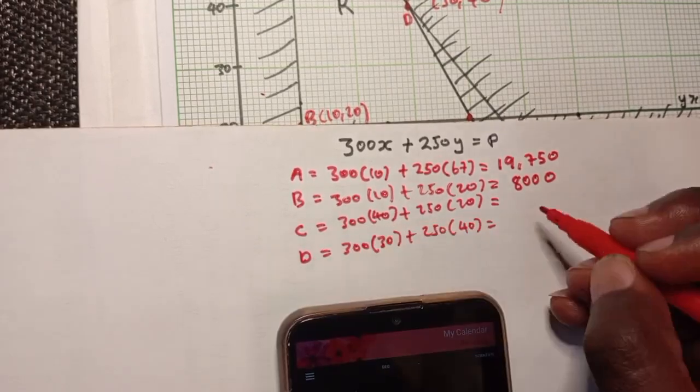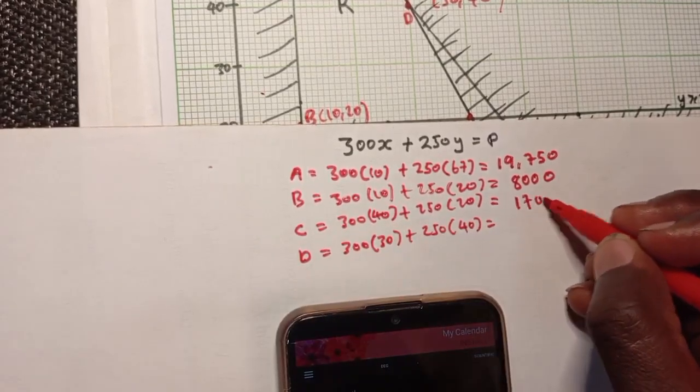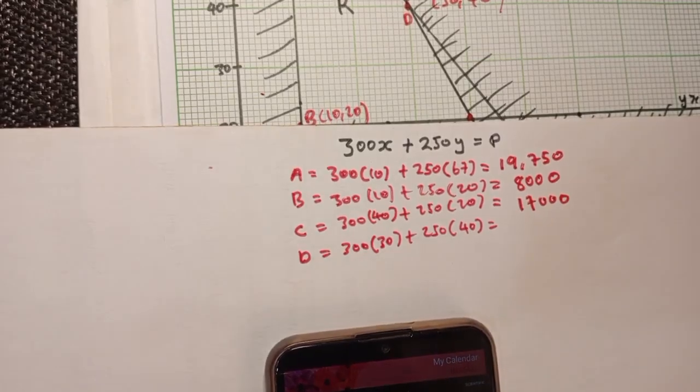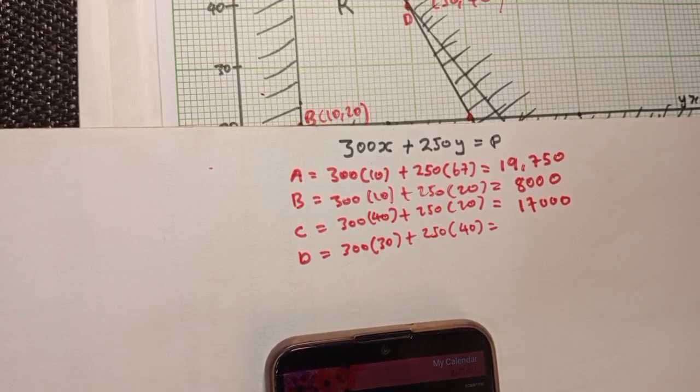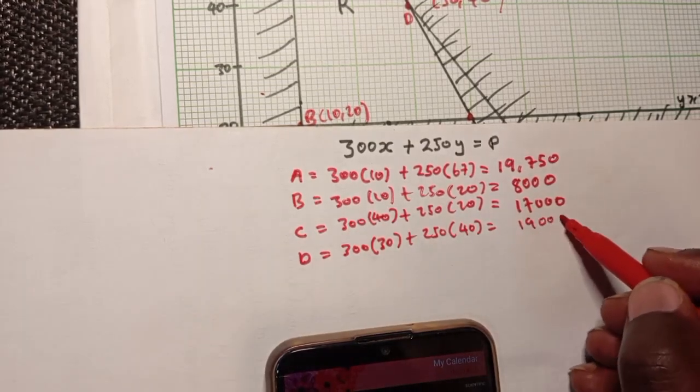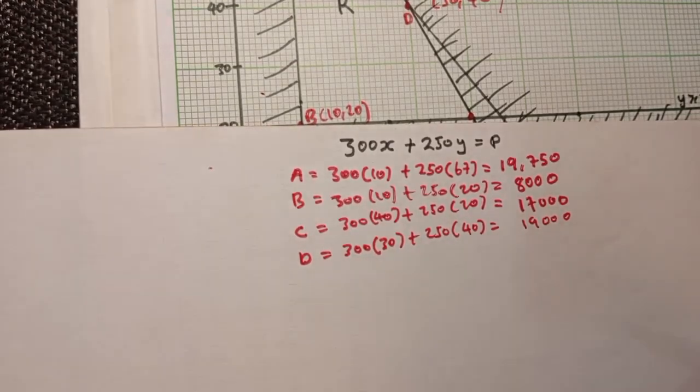What do we get? 17,000 flat. And lastly, 300 in brackets, 30 plus 250 in brackets, 40. We get 19,000 flat. Now these are the profits.